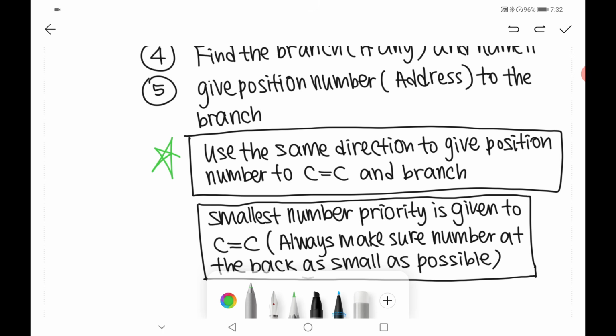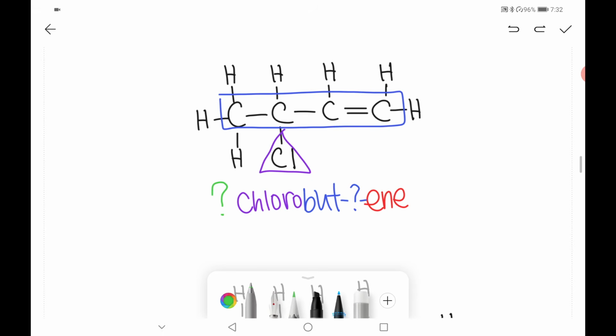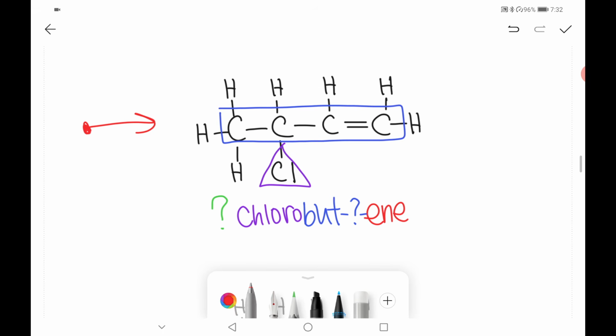What do we mean by the same direction? Let me show you. If I count from left to right, this is carbon number 1, this is carbon number 2, this is carbon number 3, this is carbon number 4. So if I go from the left-hand side, you can see the chlorine is on carbon number 2.